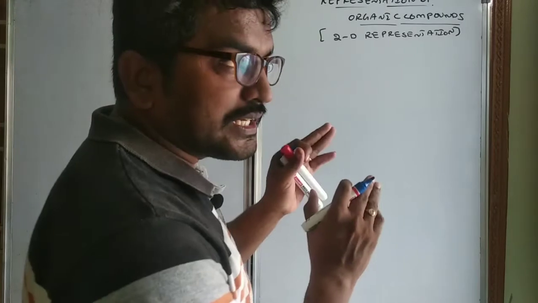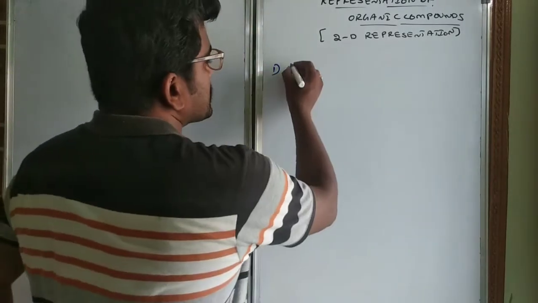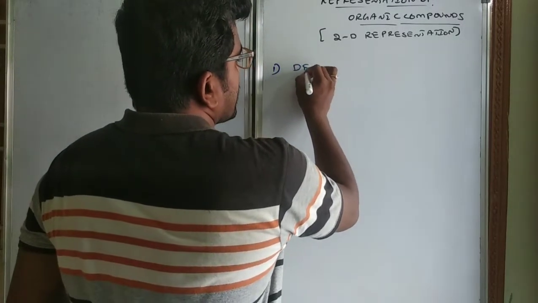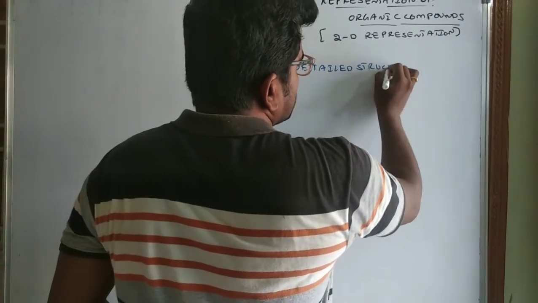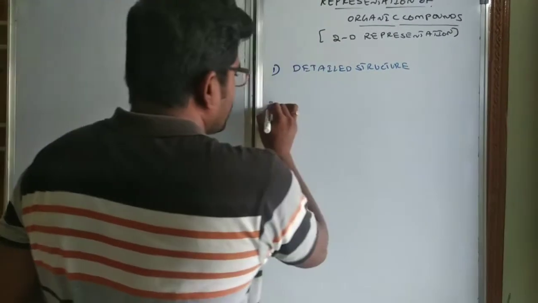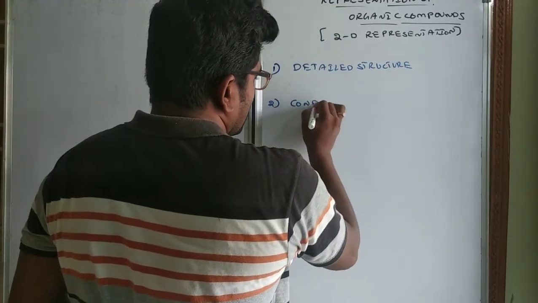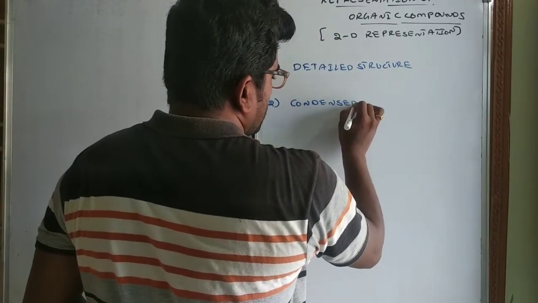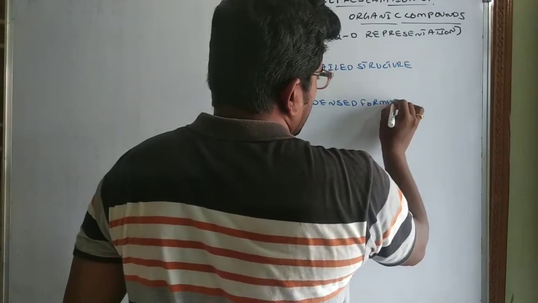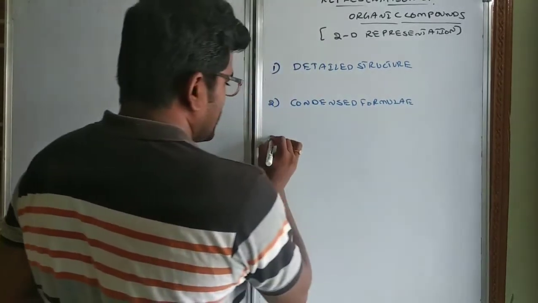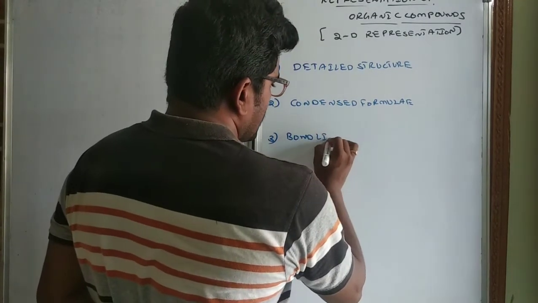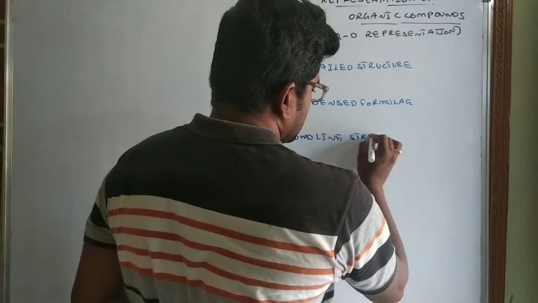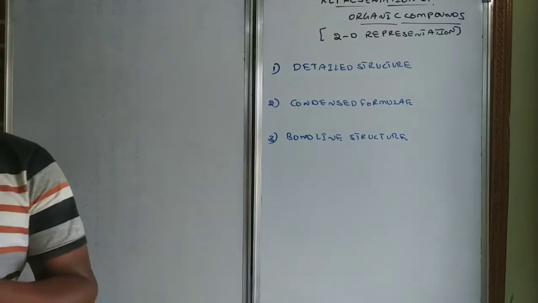This representation mainly involves the detailed structure, after that the condensed formula or condensed structure, and the last one is the bond line structure. So every organic compound can be represented in three ways.